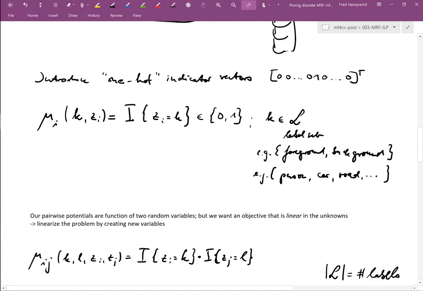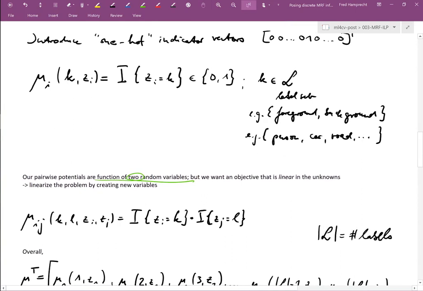So if we look at our energy function, it has pairwise potentials. These pairwise potentials are a function of two random variables. But we want an objective, so we have terms in there that depend on, let's say, zi and zj.